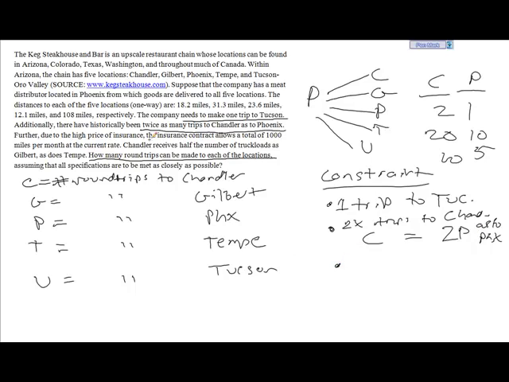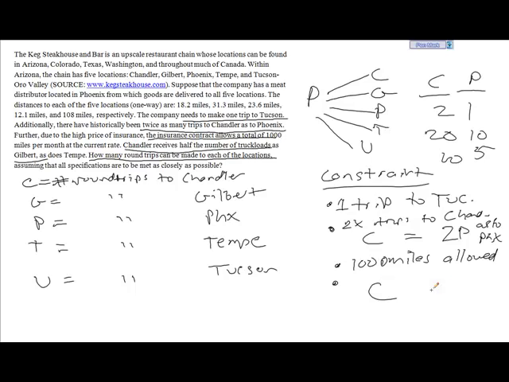Further, the insurance contract allows a total of 1,000 miles. So, 1,000 miles allowed. And we need 5 constraints because we're going to need to form 5 equations. Chandler receives half the number of truckloads as Gilbert.